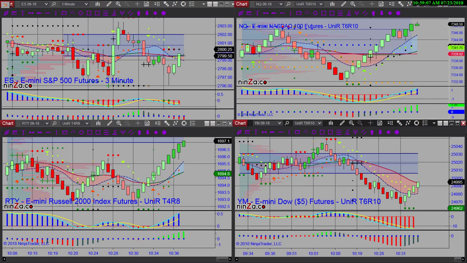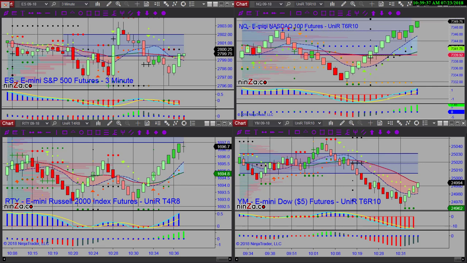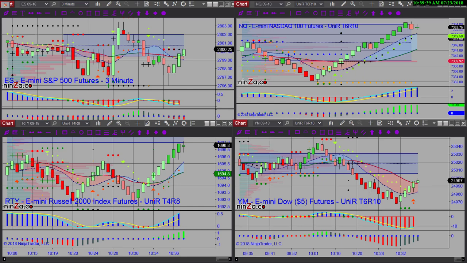Okay, there's the breakout in Nasdaq, mini breakout. Still have to get over this 49 and change. We did do that little wobble that we were talking about. Russell is getting up there. It's still not at the high of the day, but we're off the bottoms. We're getting a lot of motion in the Nasdaq.